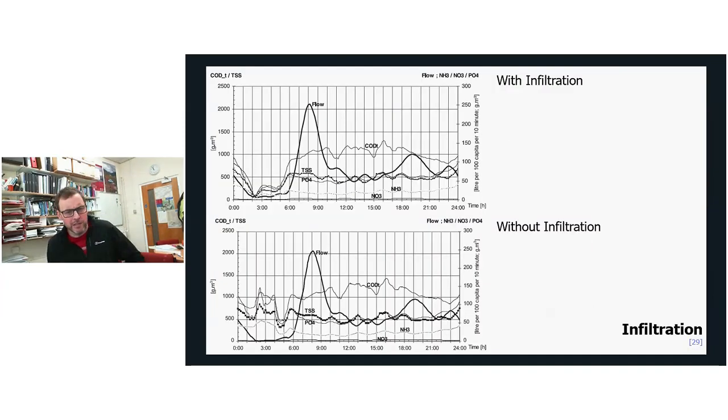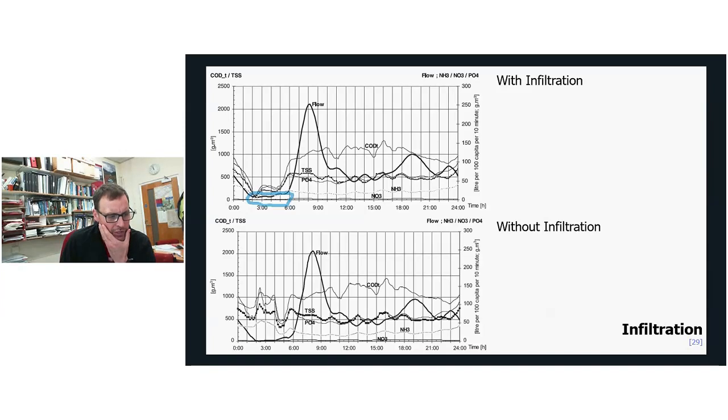So this goes back, the top slide is one I shared with you earlier, where we were looking at the flow rate and the peak at 8 AM. Now, the bottom slide is the same data, but it's been reinterpreted with infiltration removed. So what you see is, once we remove infiltration, so here the flow rate with infiltration is very low during the night.